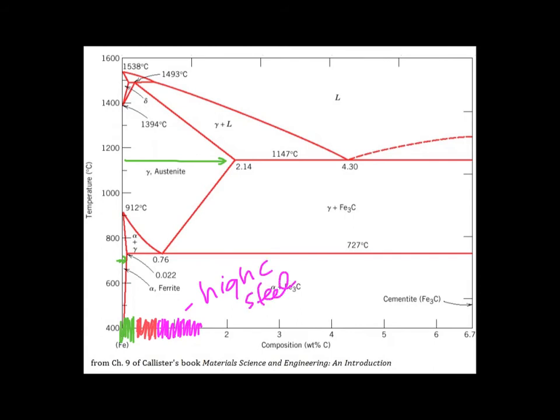Cast iron is usually with a higher amount of carbon, so cast iron is sort of more down here in this region, and fewer other alloying elements.